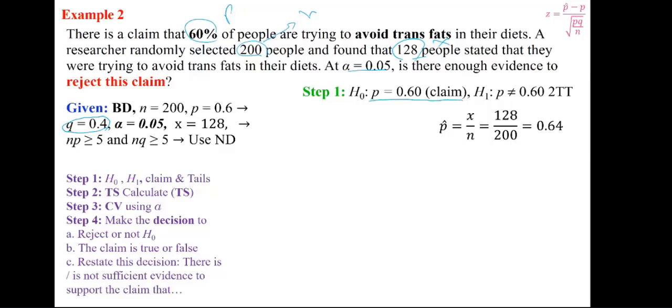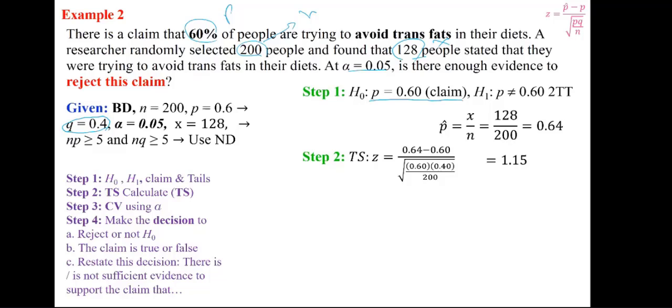So the z-score is p hat, which is 0.64, minus p, which is 0.6, over the square root of pq over n, 0.6 times 0.4 over 200. And now this is just simple math you do, and the calculation results in 1.15.